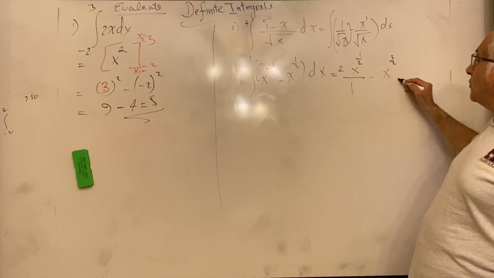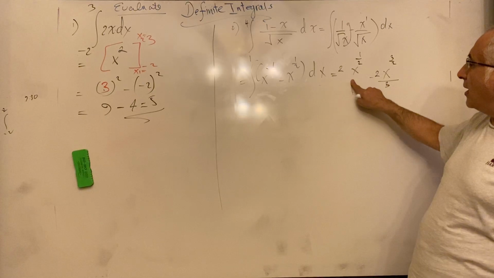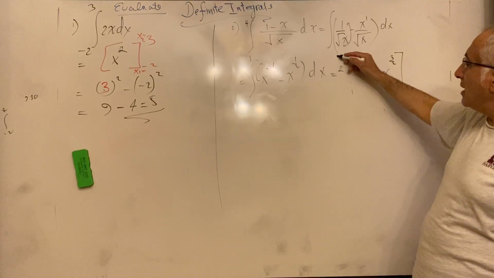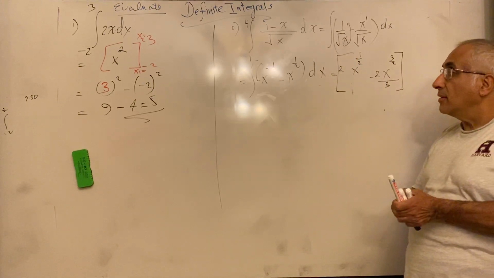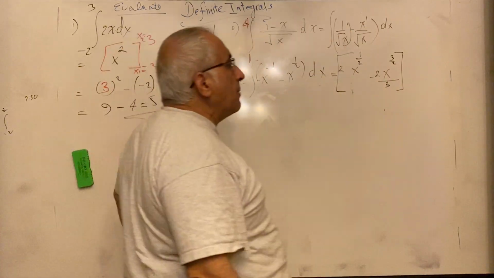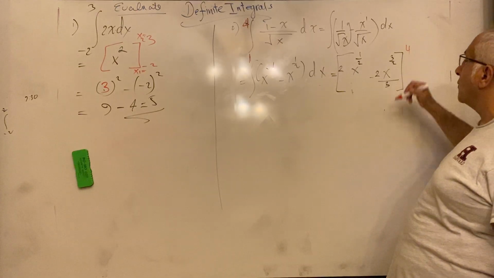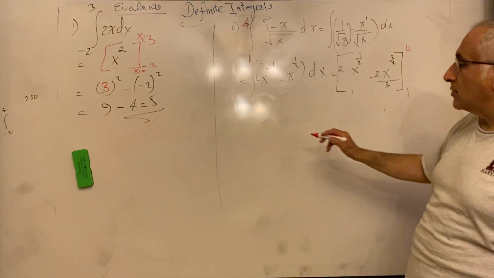To the power 3 over 2 over 3 over 2, we put it here. No need to show me that. And my limits, if they were given to me, such as this question, from 1 to 4, then I'm going to go and plug in from x equals 1 to x equals 4. Now your turn is to substitute.